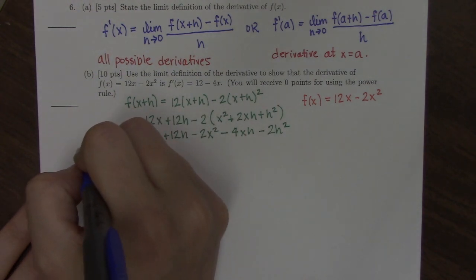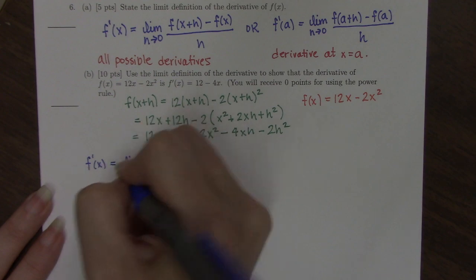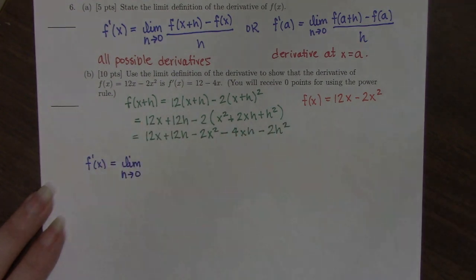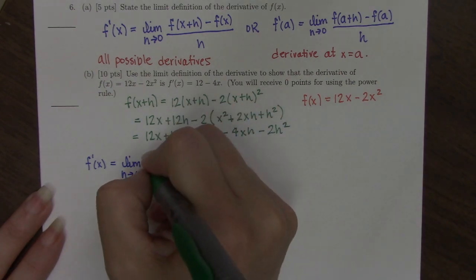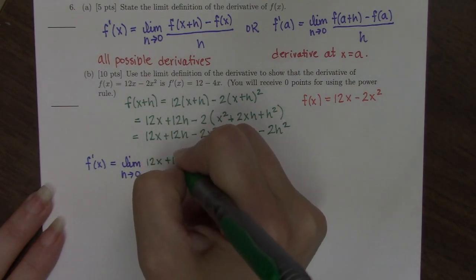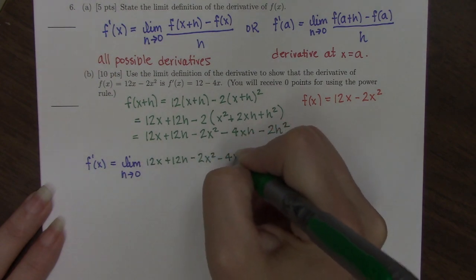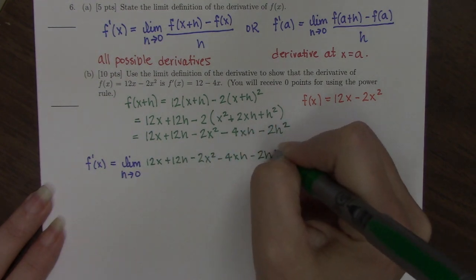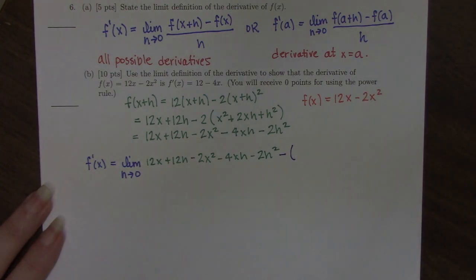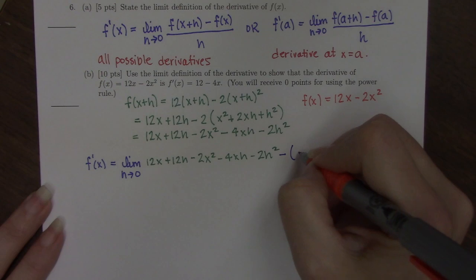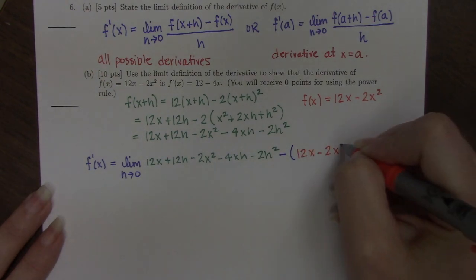So f prime of x equals the limit as h goes to 0 of f of x plus h, so all of this stuff, and then I have to subtract the entire expression 12x minus 2x squared.